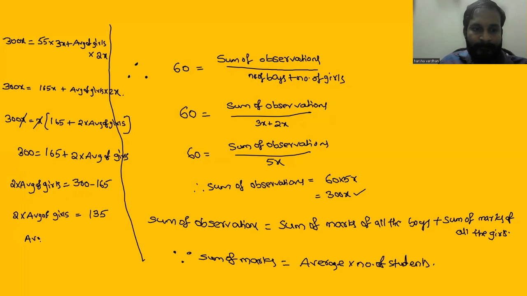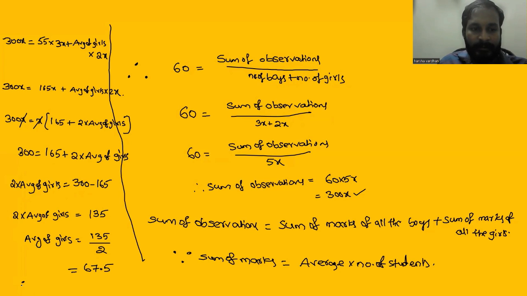Now, the average of girls is equal to 135 by 2. What will you get here? 67.5.